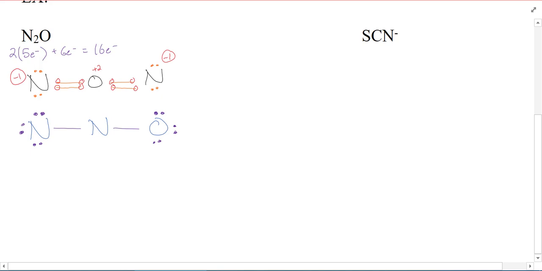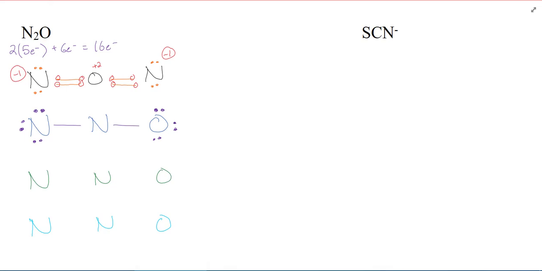So now, N in the middle is not good. What do we do? We have options. In fact, how many options do we have? I could double bond both sides. I could triple bond the ends, or I could triple bond the N and O. There's 3 options. So we'll do 3 options: N, N, O, and N, N, O. So in purple up here, let's double bond both sides.